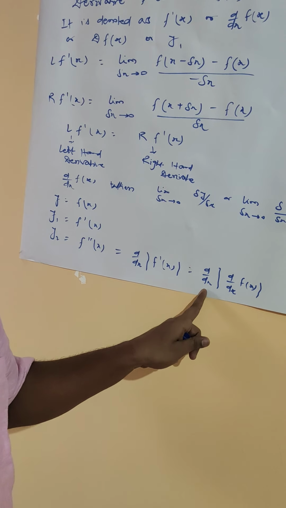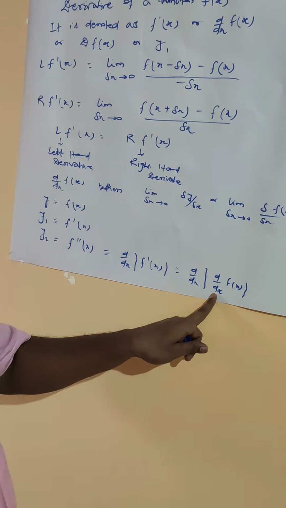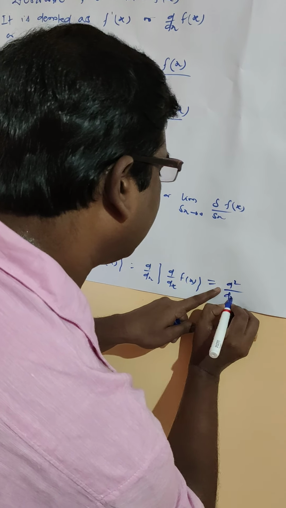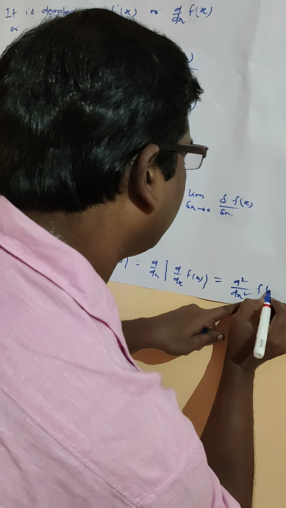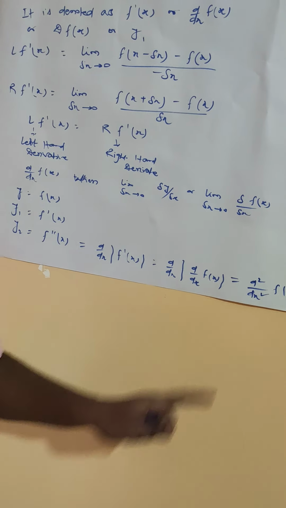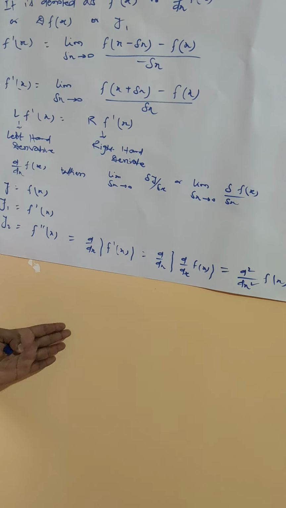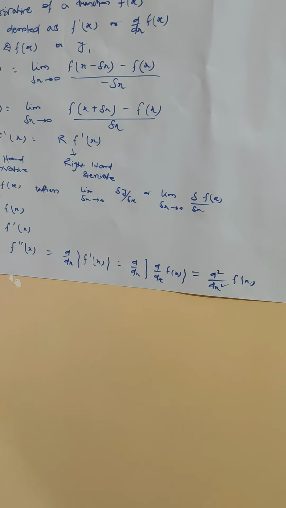So d by dx of d by dx, and we can write it as d2 by dx square of f of x. This is the second derivative, and similarly we can find the third derivative, fourth derivative, and nth derivative.